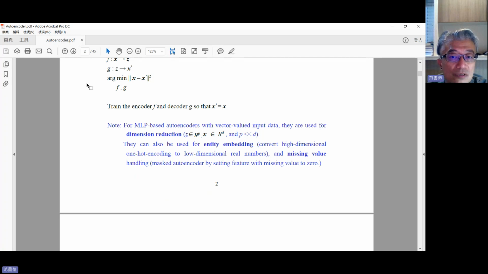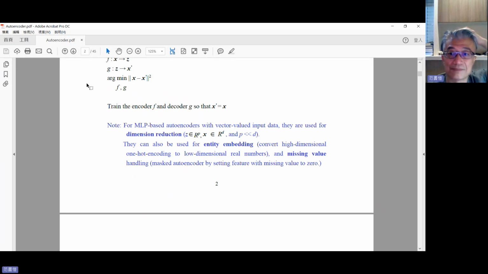They can also be used for entity embedding, which is sometimes used to encode the input variable, the input label which is originally categorical, in order to enhance the interpretation of the machine learning model.